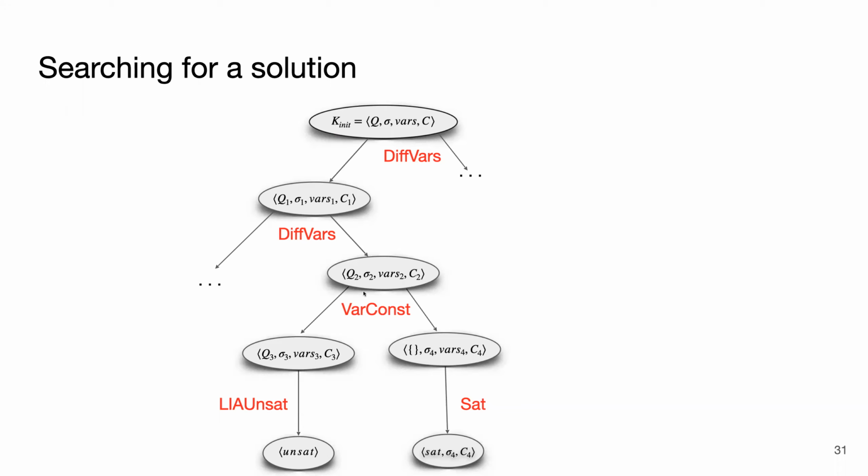And we also show that if a parent node or a configuration is satisfiable, at least one of its children is satisfiable. So satisfiability is preserved, and hence, if you started with a satisfiable configuration, you will end up in a SAT node. Similarly, if you started with an unsat configuration, your derivation tree will have all the leaves as unsat. Gotcha. Thank you.